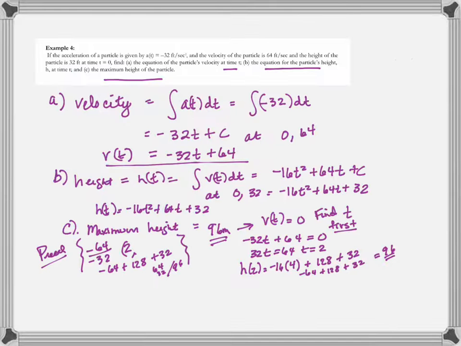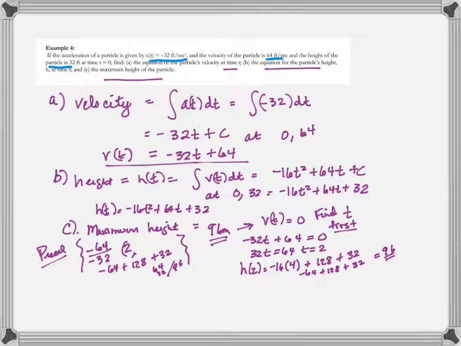And the last one I have is you're given acceleration, okay, and the velocity at the initial point, time equals 0, is 64, and the height at time equals 0 is 32. So it gives you two initial conditions because it's going to start at acceleration, then it's going to ask for velocity, then it's going to ask for position, going backwards.